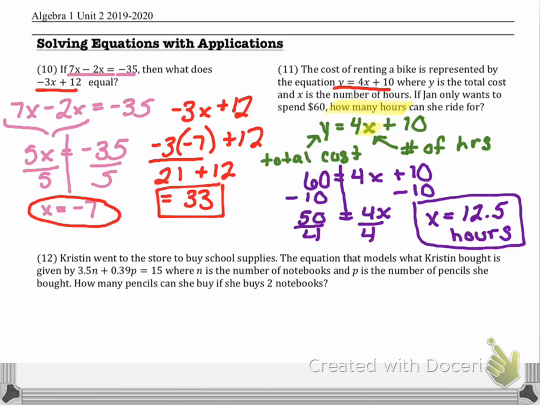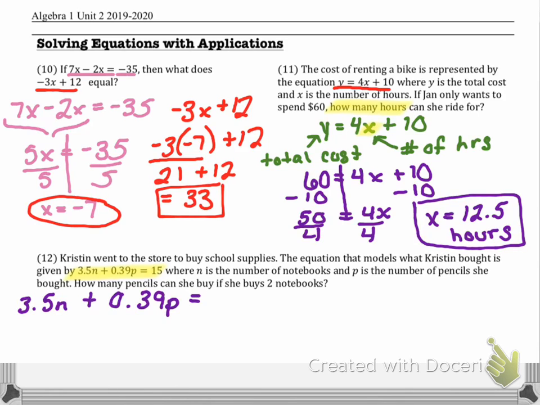And then in number 12, it says Kristen went to the store to buy school supplies. The equation that models what she bought is given right here: 3.5n plus 0.39p equals 15. It tells me what n and p stand for.